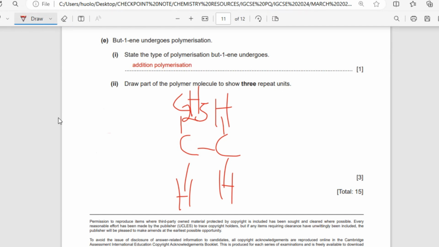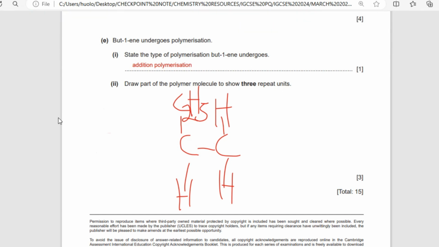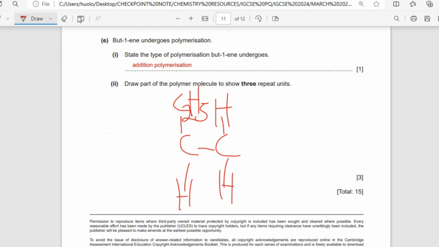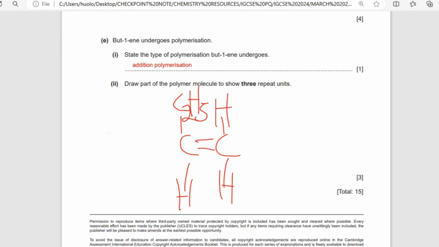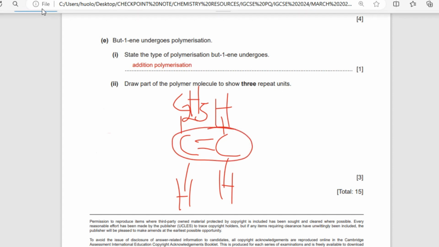You know, the small molecule, this is the small molecule joining to other molecule. So joining to the same molecule, the same small amount of molecule. So this is the monomer. This is how we draw the monomer, because our attention is on this carbon to carbon double bond. That's where our focus is.